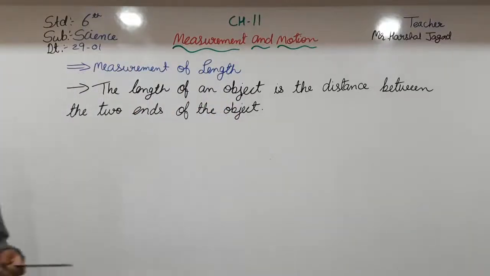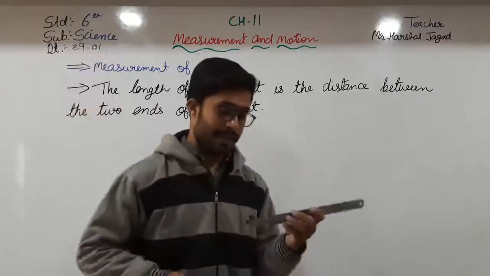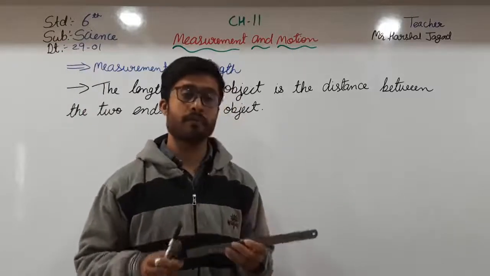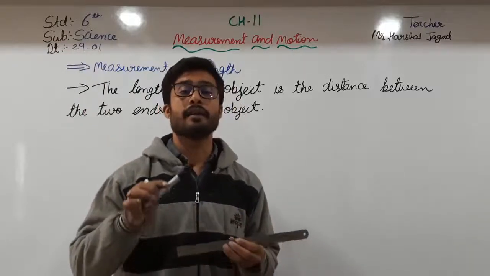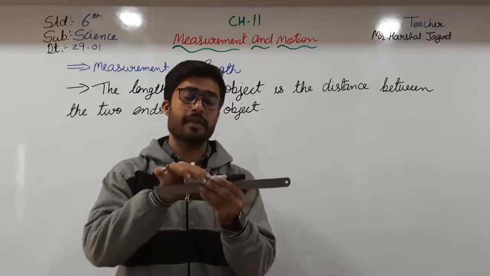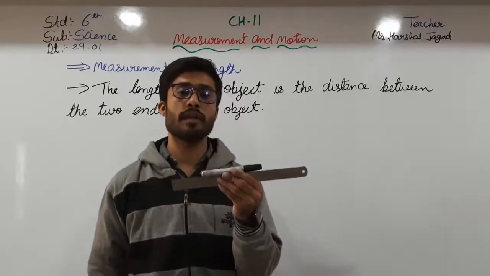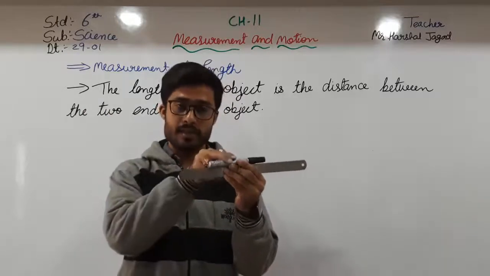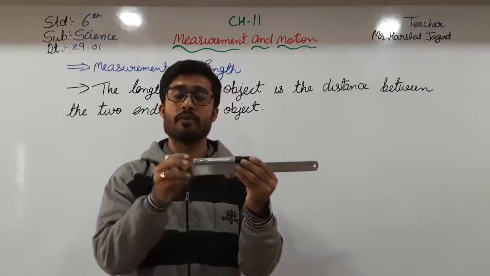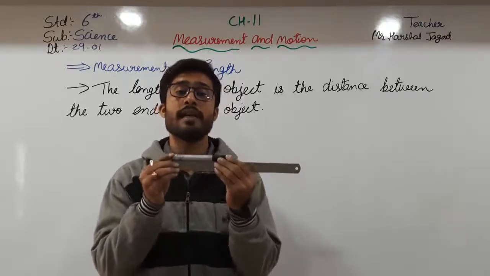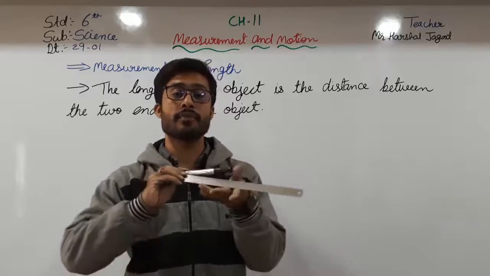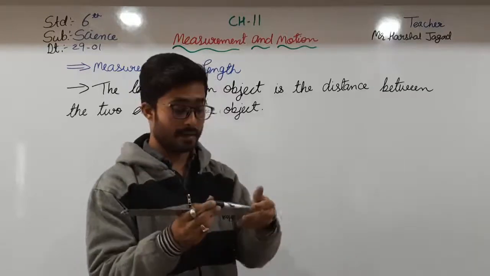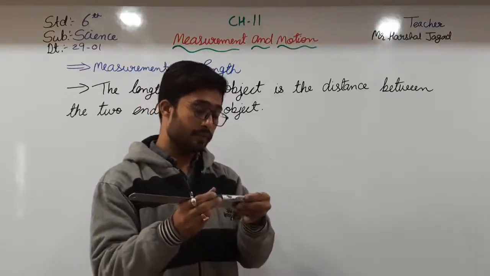First of all I am measuring the marker which is in my hand. I cannot just keep it anywhere and measure properly. I have to take the marker to the 0 first of all. Here it is 0, and then after I have to see how much centimeter it is. Let me see, and then I will tell you.